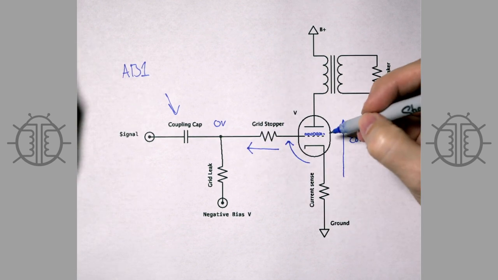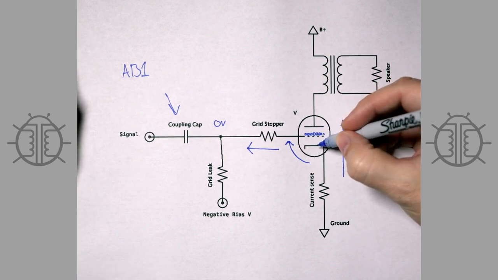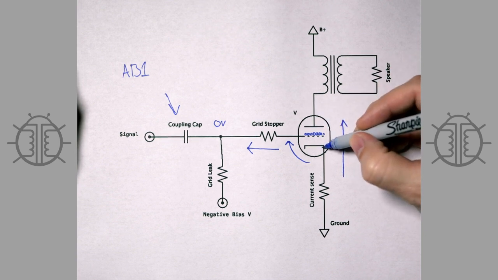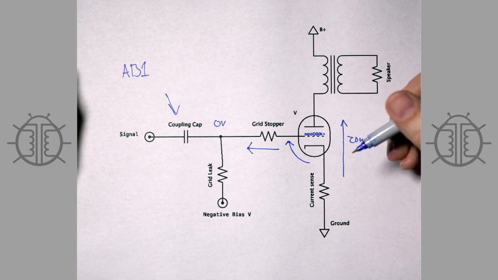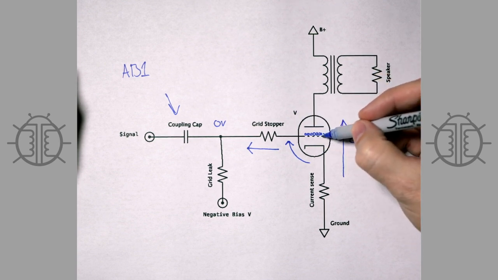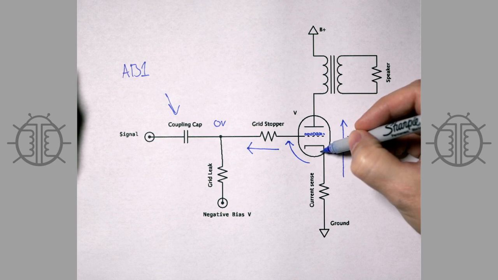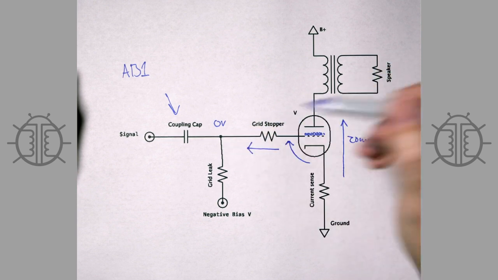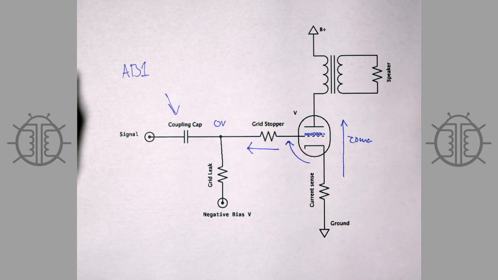And when that happens, there are no longer electrons here to prevent flow from the cathode to the plate, but those electrons will flow anywhere that's more positive than the cathode. So if the grid becomes more positive than the cathode, they will readily flow into this circuit, thereby making it more negative than it is.